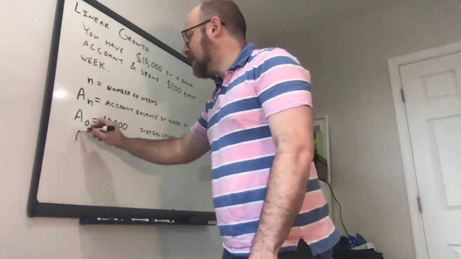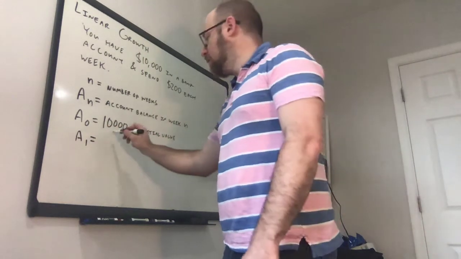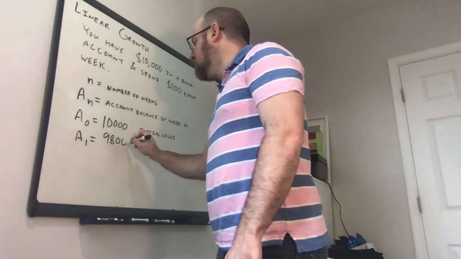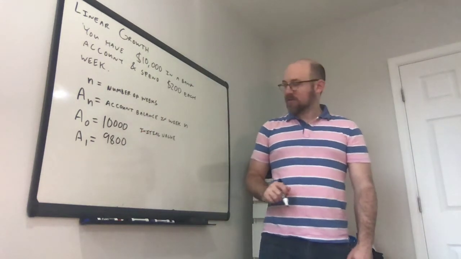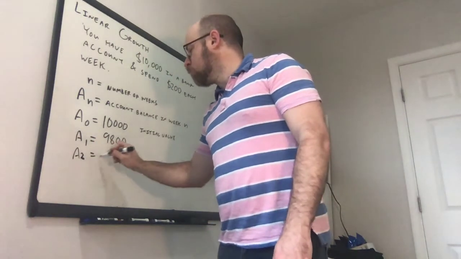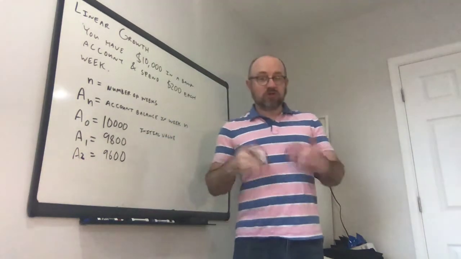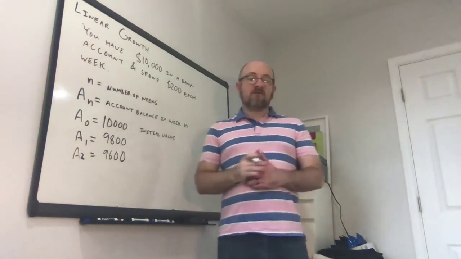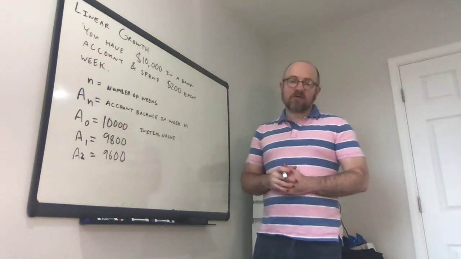After a week, a sub 1, the value of the account in week 1, would be 10,000 minus 200, 9,800. Okay, a sub 2 would be 9,600 after we've subtracted another $200 from the amount. Okay? So that's just to understand kind of what the variables are.